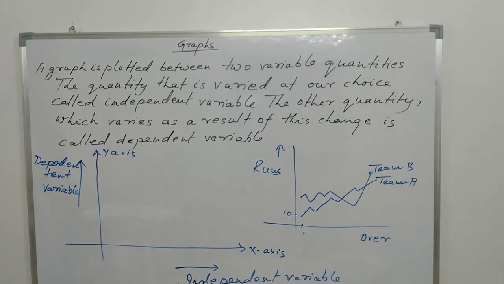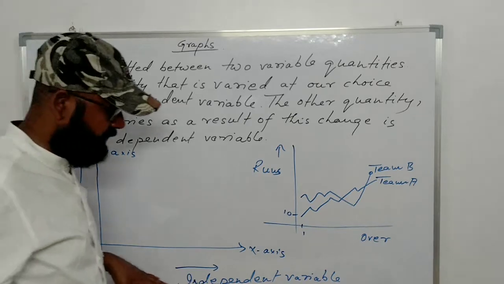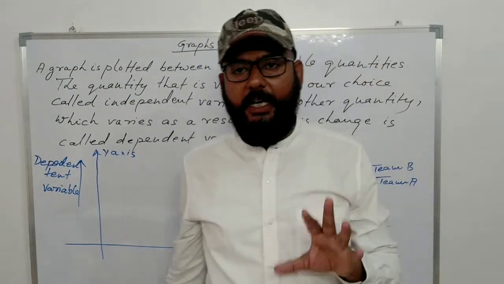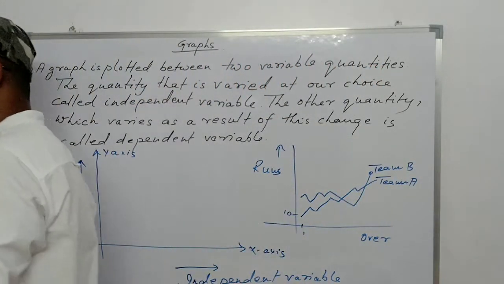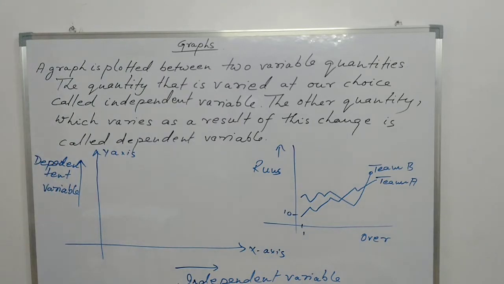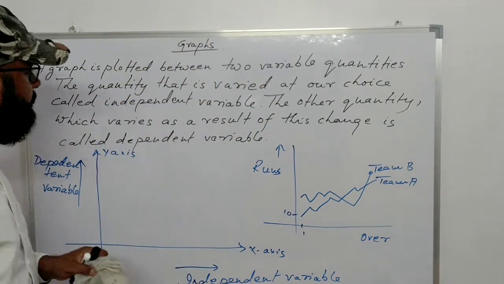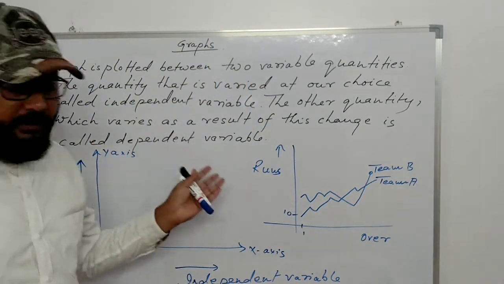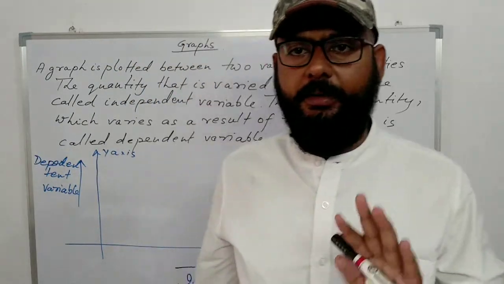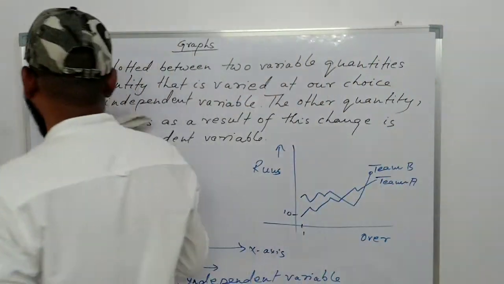Okay, so in our syllabus, first is the distance time graph. In the distance time graph there are three situations, or you can say three cases. Let's see all the cases. Don't write anything from here. I will provide the notes of this topic.